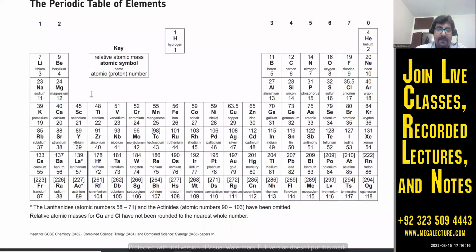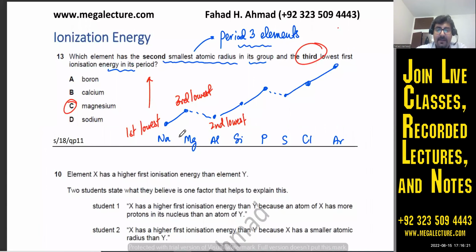So we're talking about elements in period number 3, and I plotted all of them. Then he talked about it having the third lowest first ionization energy in its period, so I plotted the ionization energy in the period, and the third lowest came out to be magnesium. Is this question clear?